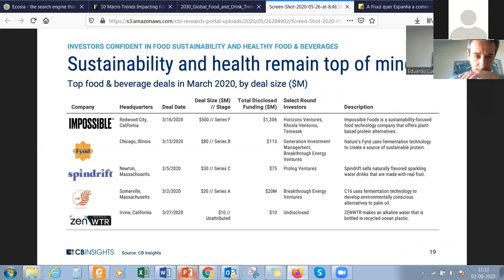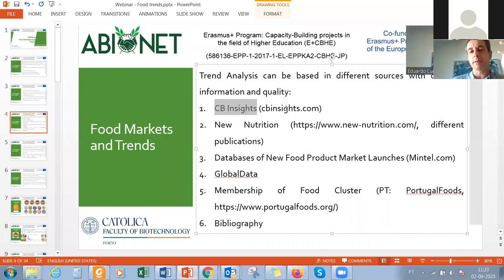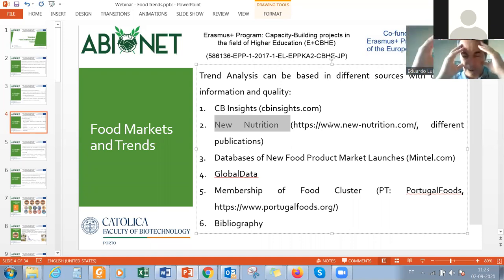So coming back, this is CB Insights. If you go to their website, you can search for the information you need. There's another company, New Nutrition, that from time to time publishes relevant information about trends, and here I believe they are quite expensive in terms of the publications they put in the market.